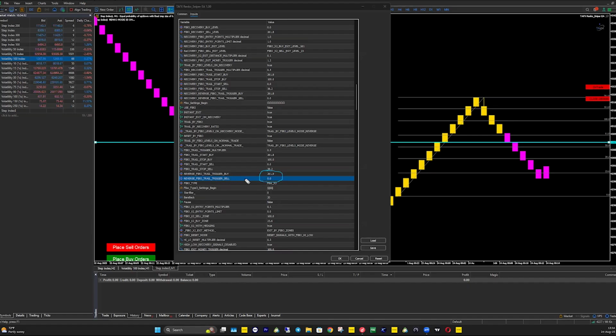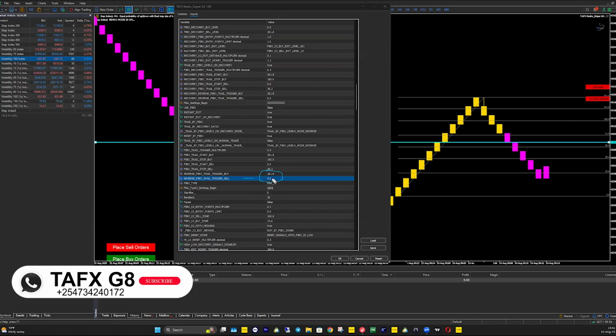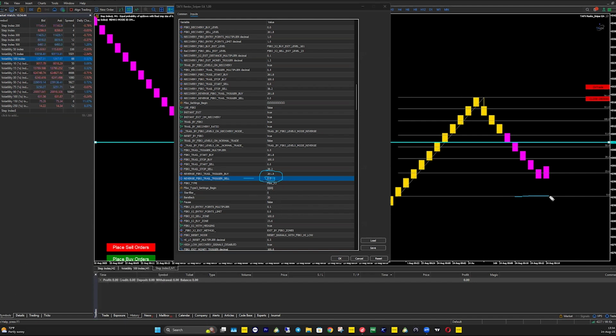Let's say, for example, here we are talking about sell. When we set here 0, because as you can see by default, it's level 0. The level 0 is this one. We want the EA to activate the trailing when the market is at level 0. This is what I want you to understand.